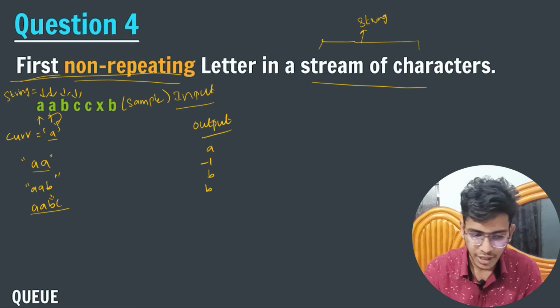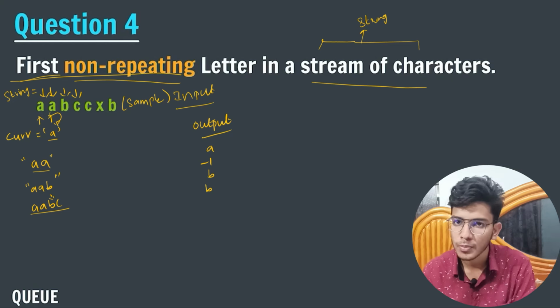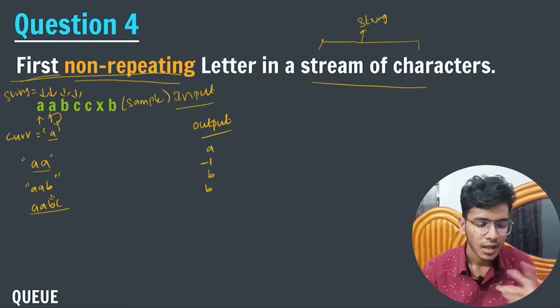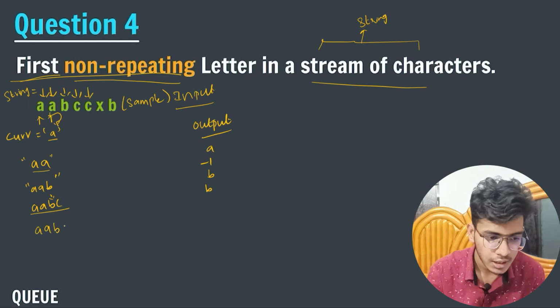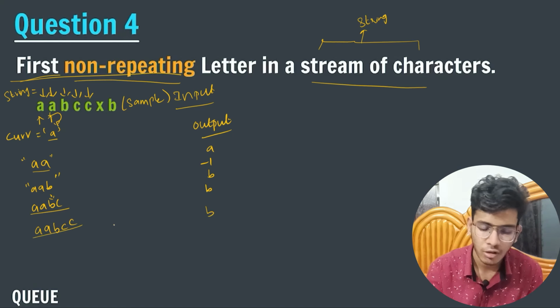Here we have 2 non-repeating characters, but we are only printing B as my output because in the question it is asked first non-repeating character. Now after that I will add this C. So A, A, B, C, C. Now in this, what is unique? B is unique. So I will print B.